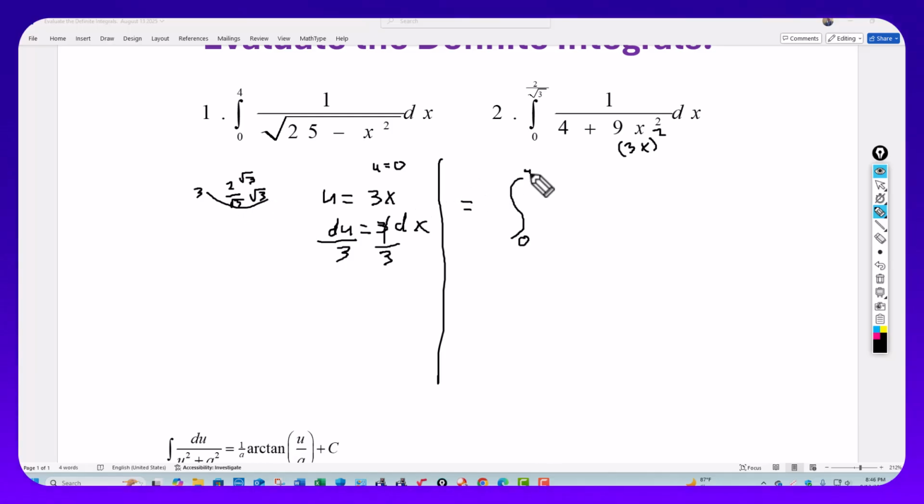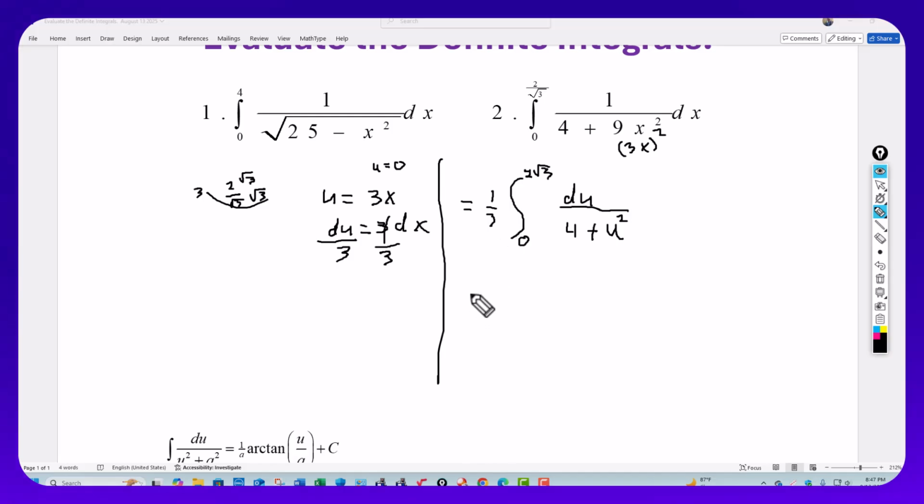So the upper limit is going to be 2 square root of 3. And then the dx is replaced by du over 3. I'll put the 1/3 out in front here. And then this will be 4 plus, and the 3x is going to be your u, so this will be u squared. Now this part right here looks just like the first formula.